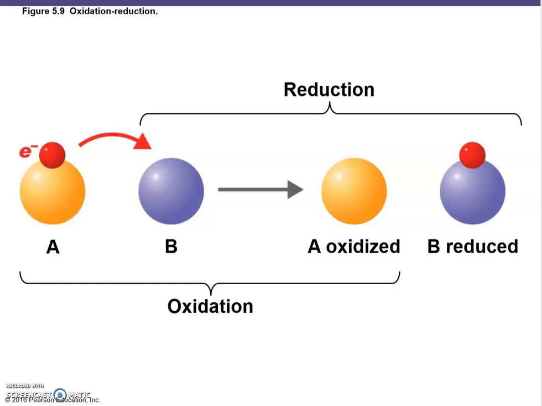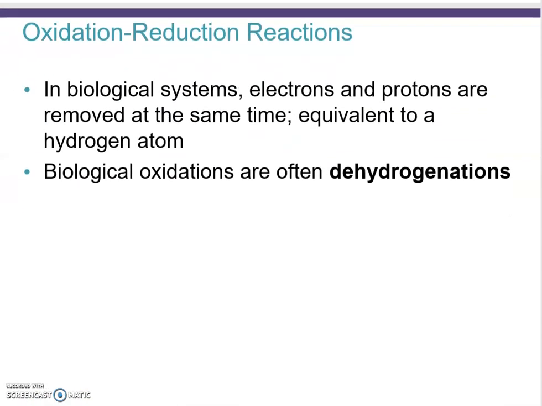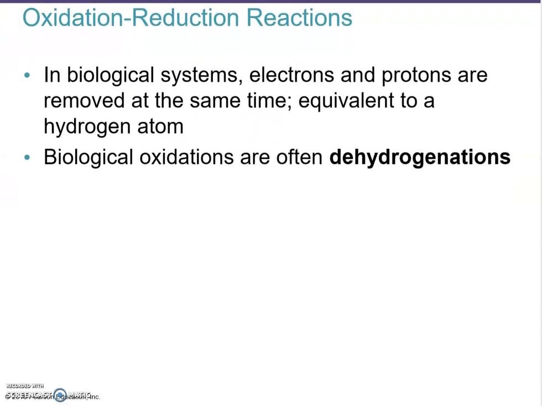Here you see substance A is oxidized because we're removing this electron right here. We're going to slap it onto B, and now B has this electron, so B got reduced and A got oxidized.